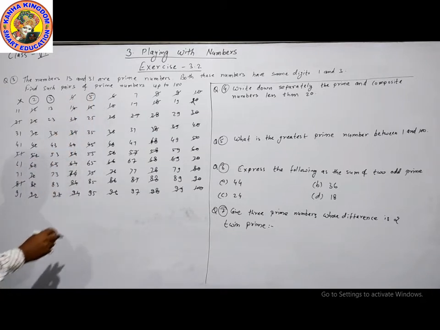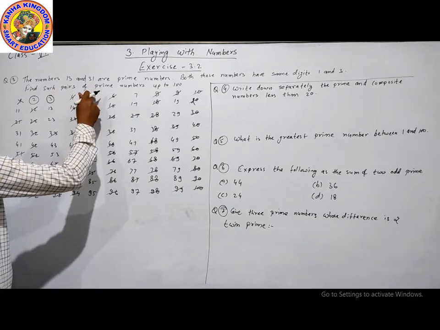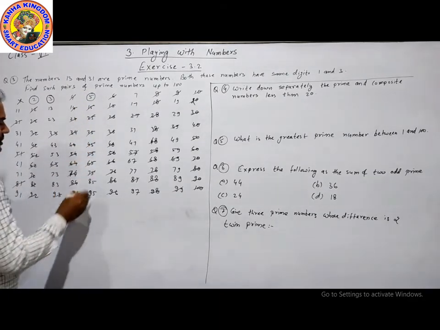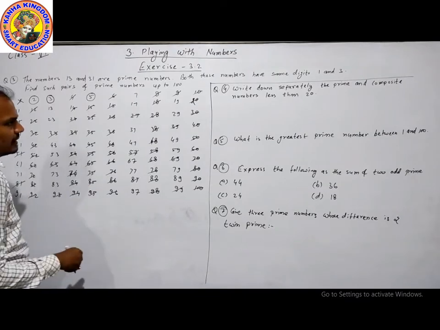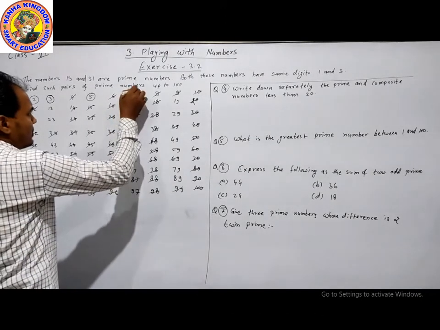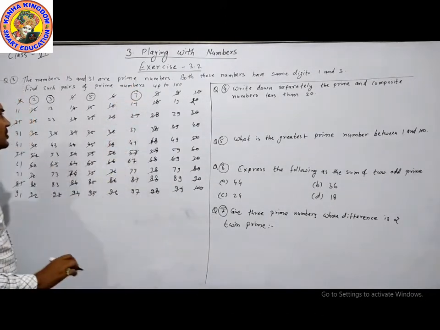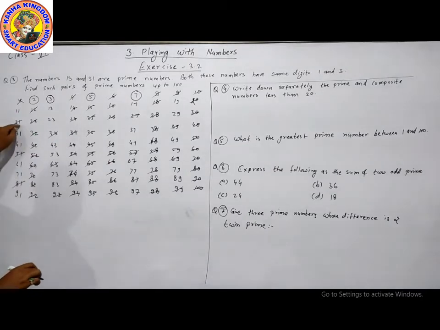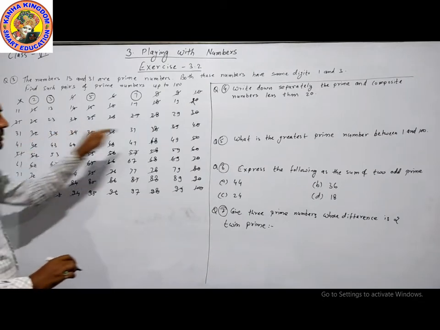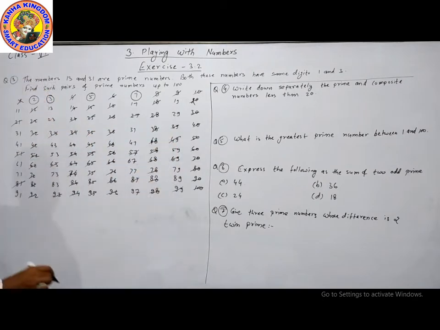Now we will cut the numbers that can be divided by 5: 5, 15, 25, 35, 55, 65, 85, 95, and the rest are already cut. Next number is 7: 14, 21, 28, 35, 42, then 49.